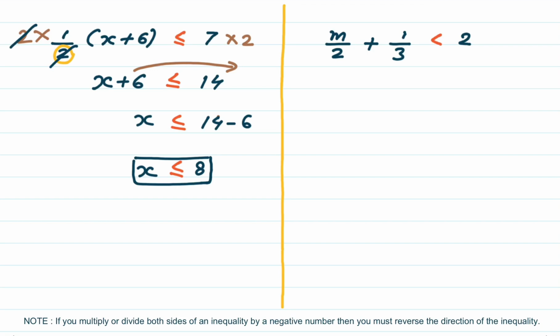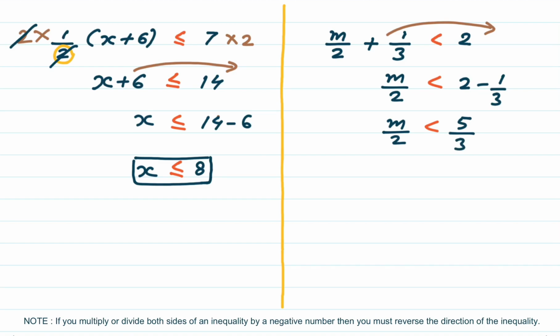In this question, we shift positive 1 by 3 to the other side of the inequality, and we get m over 2 less than 2 minus 1 by 3, which is m over 2 less than 5 over 3.